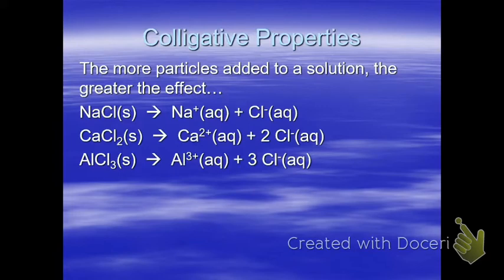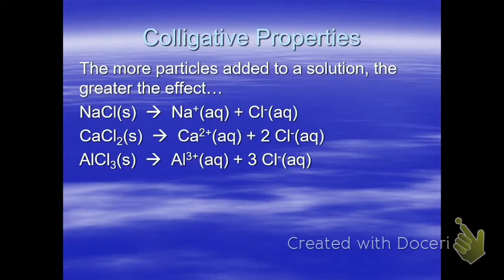So of these 3, okay, if I made, I'll just pick a number. Let's say I made 2 molar, that's the concentration, 2 molar solutions of these 3 solutes. And I had them in 3 separate beakers. The one that produces the most particles of the solute will have the highest boiling point.